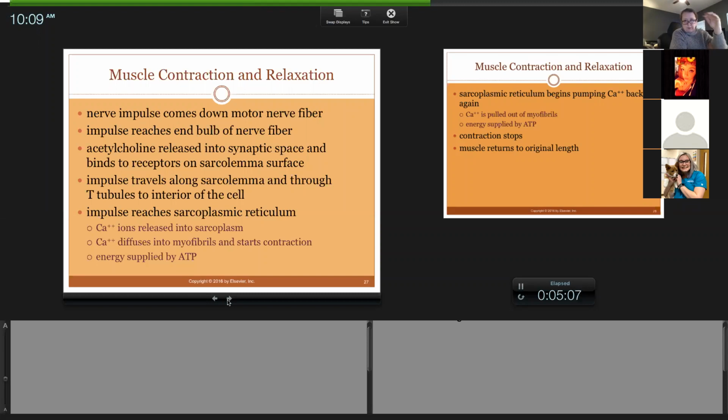So impulse, acetylcholine is released, jumps that little synaptic cleft, binds to the muscle through the sarcolemma, binds to a receptor. Once that acetylcholine binds, it initiates the impulse to move into the sarcoplasmic reticulum, which causes calcium to be released. Calcium causes those muscle fibers to contract, and the energy needed to do that is the ATP.